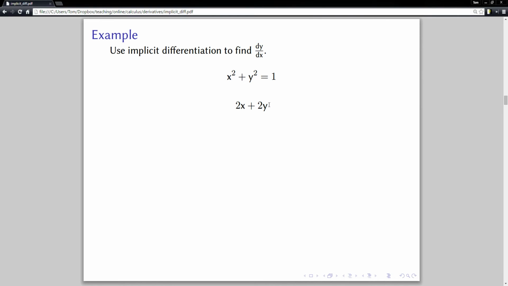And remember, y is taking the place of some more complicated formula in there, so this really becomes a chain rule problem. And the last step of the chain rule, if you remember that, is to multiply by the derivative of the inside part. Here, y is the inside part, right? And so I need to multiply it by its derivative.